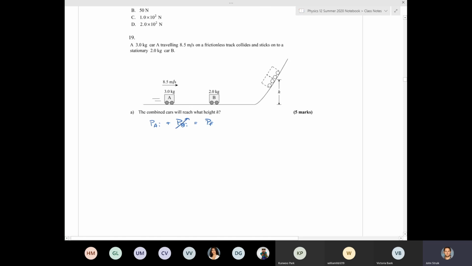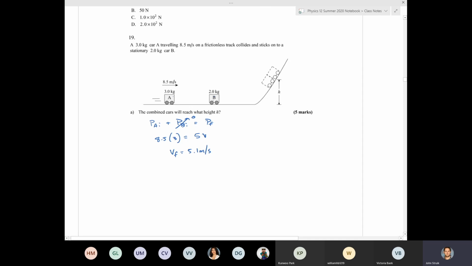And this is 0, so we're just going to say PA, so 8.5 times 3 equals P final. But P final is going to be 5V. Okay, it's the total mass of both cars because they stick together. So then we're going to go 8.5 times 3 divided by 5, and we get the VF as 5.1 meters per second.